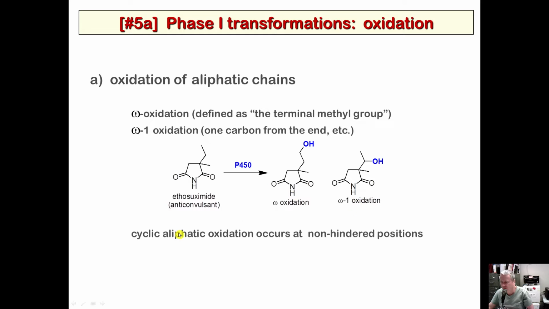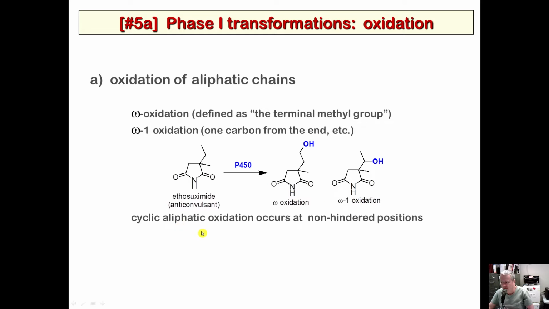Okay? Another one, cyclic aliphatic oxidation. So what does that mean? Cyclic, maybe a ring. Aliphatic is also just carbons and cyclohexanes and stuff like that at non-hindered positions. All right. So this is a vasodilator, a pretty simple molecule, right?